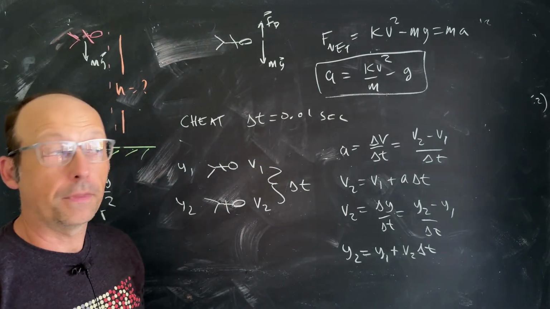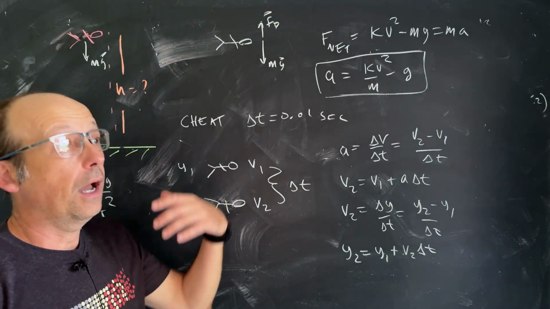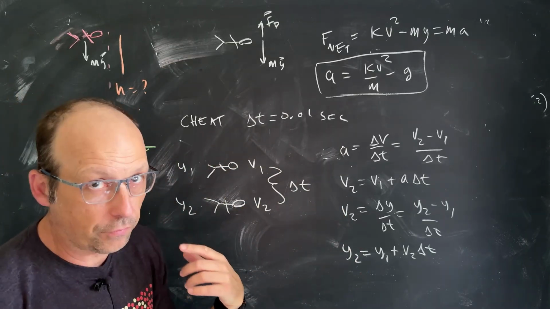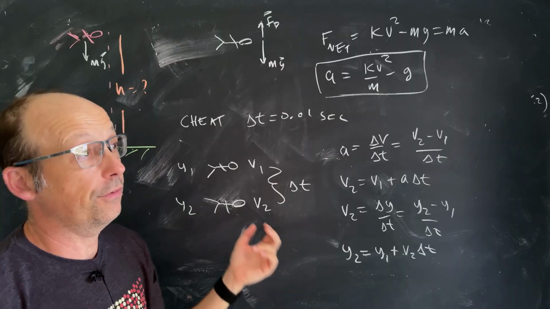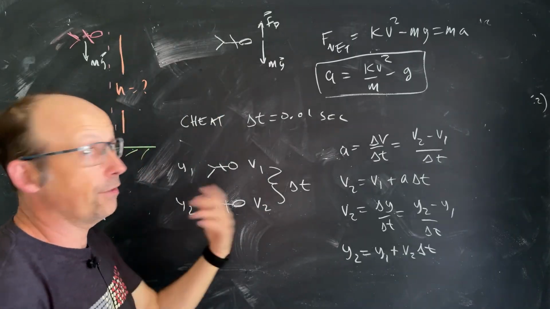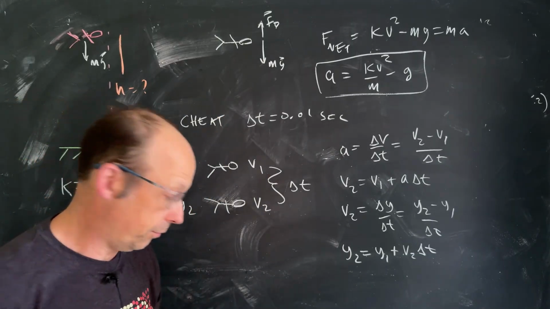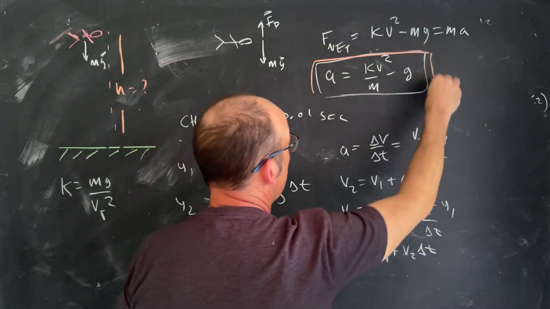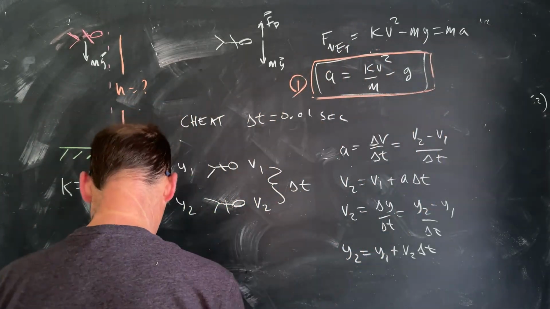Not very useful. If I want to do it again, I can do it again using the new v2 as my initial velocity and find my velocity after the second time interval. And I can just keep doing that in all those time intervals. Okay. So step 1, calculate the acceleration.